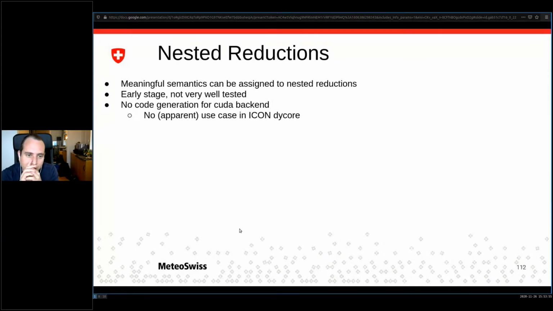We don't have a very clear idea how to code generate this for CUDA currently, but there is nothing blocking us from eventually doing it. And the reason why we didn't do it yet is because there does not seem to be an apparent use case in the ICON dycore. Might be we have missed it so far, but we don't think that in that part of the ICON dycore we are interested in, this is actually happening.